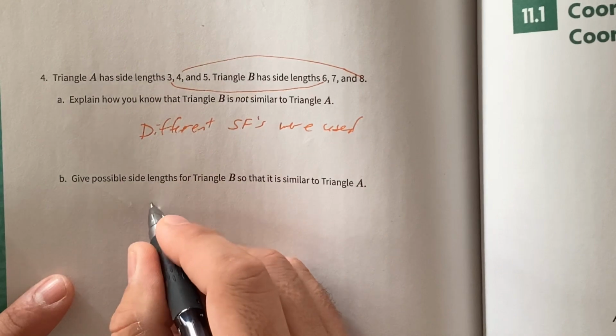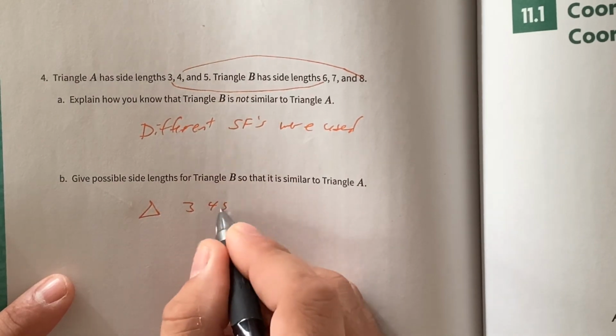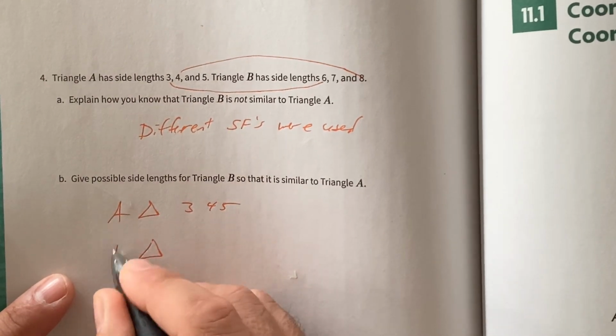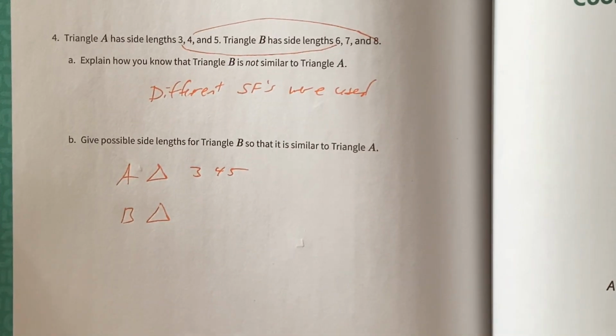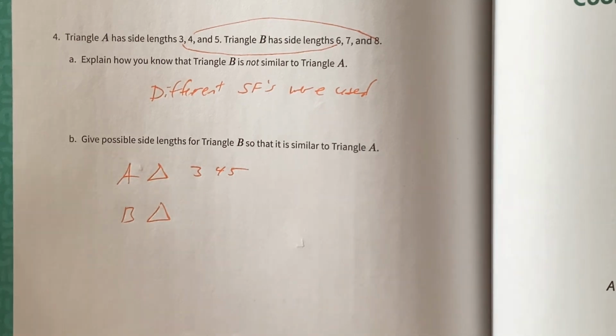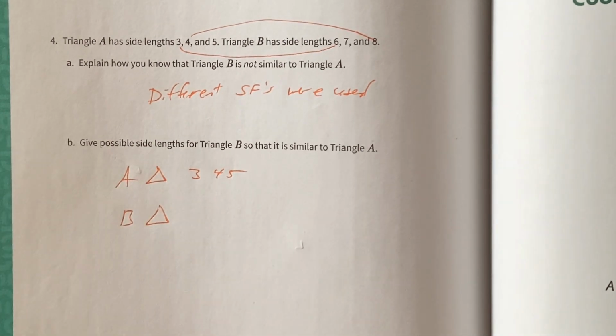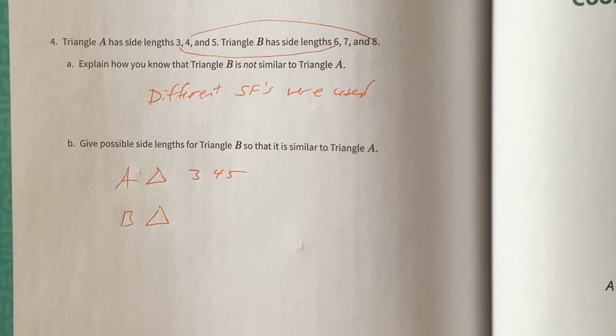So if I have triangle A being 3, 4, 5, it says give me triangle B. Give me some numbers that would be similar. 3, 4, and 6. No. 3, 4, 5 would be if it's the same. Gabby got one? 6, 8.